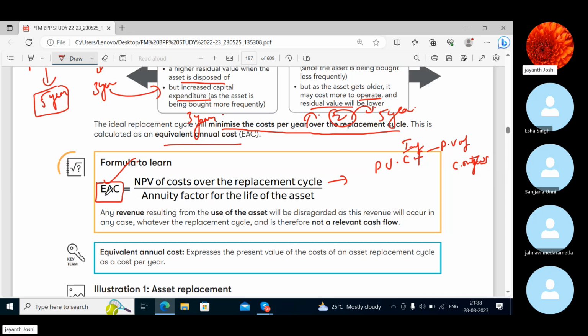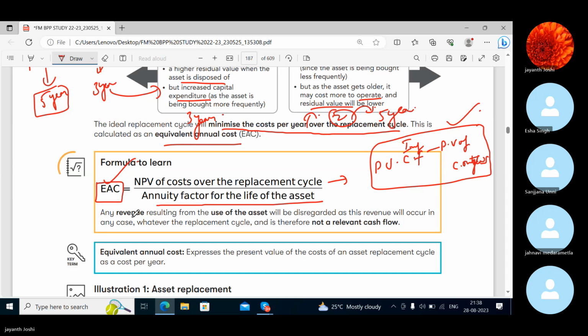You are going to find out the NPV, or they'll not give you that much task to do, even they give you the NPV in the question itself. Equivalent annual cost is the NPV of costs over the replacement cycle divided by the annuity factor for the life of the asset. So let's say the asset is for 5 years, and since it's a DCF technique, they'll be giving you a discount factor. Let's say the discount factor is 10%. You have to take the annuity factor for that 10% for 5 years. Divide it, and you will get the equivalent annual cost, right?